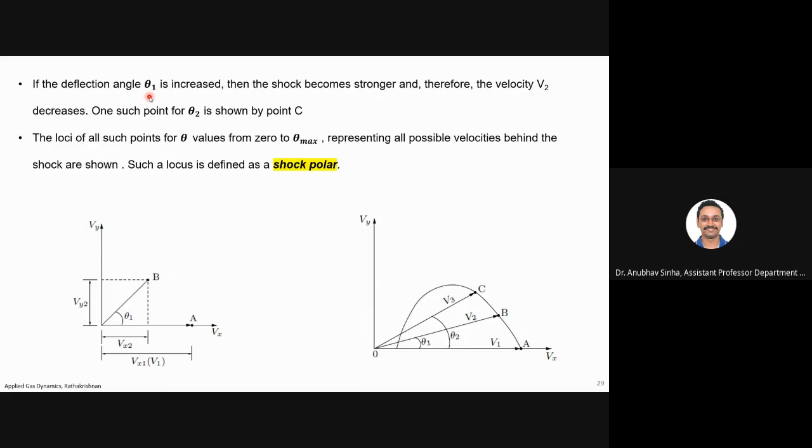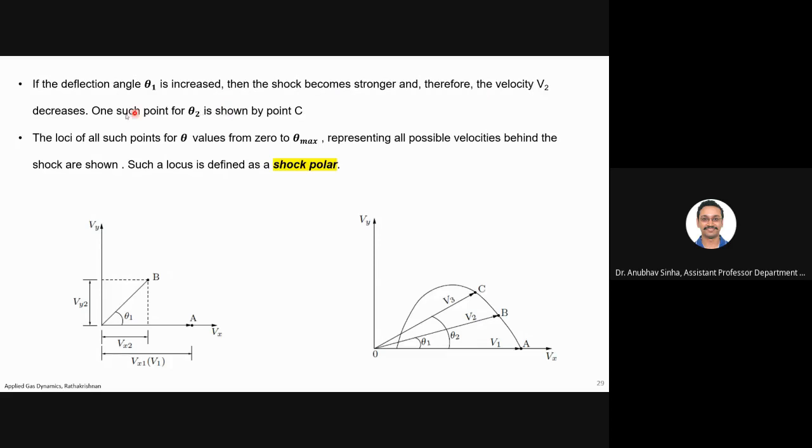If you increase the deflection, the shock will become stronger, and the velocity V2 will decrease because the shock is stronger. This magnitude will be lower than V2.